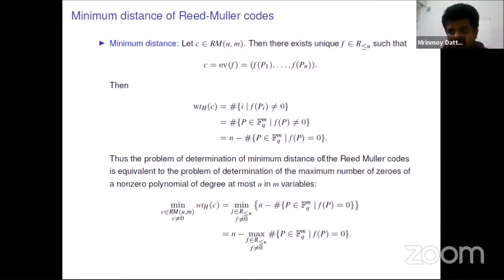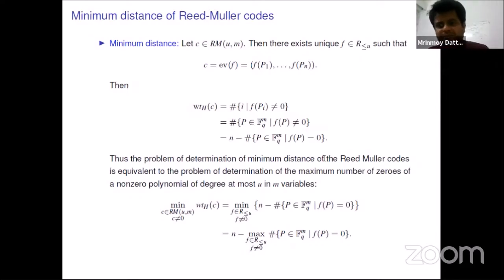Now here Fq to the power n saves us. Take, for example, a polynomial in two variables, let's say y minus x squared, and suppose our field was R or even Q. Then it has infinitely many solutions, and asking what is the maximum number of zeros will not make sense, because you cannot take the maximum of infinite sets.